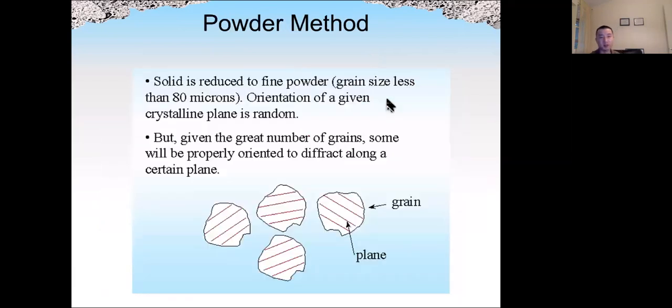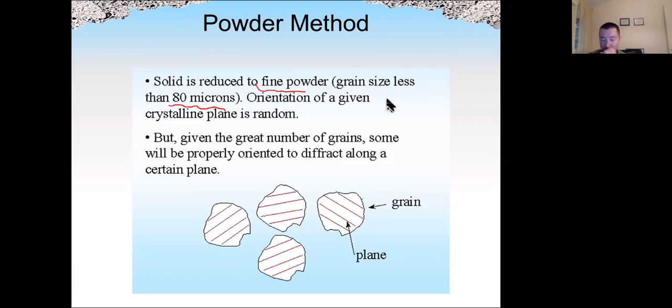The powder method is used more commonly. Again, the solid is reduced to fine powder, typically with grain size less than 80 micrometers. The orientation of a given crystalline plane is random. Why does that happen? It is because when we grind the sample into fine powder, look at the grains.